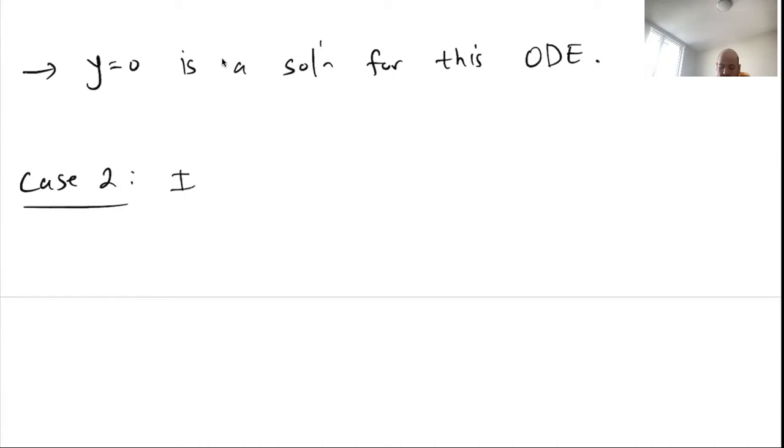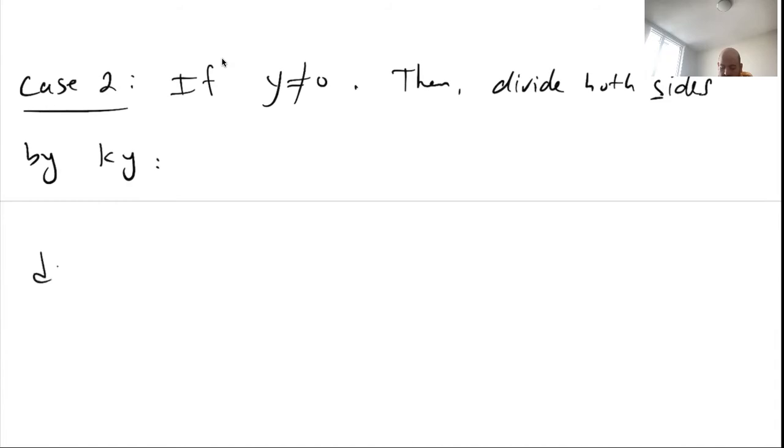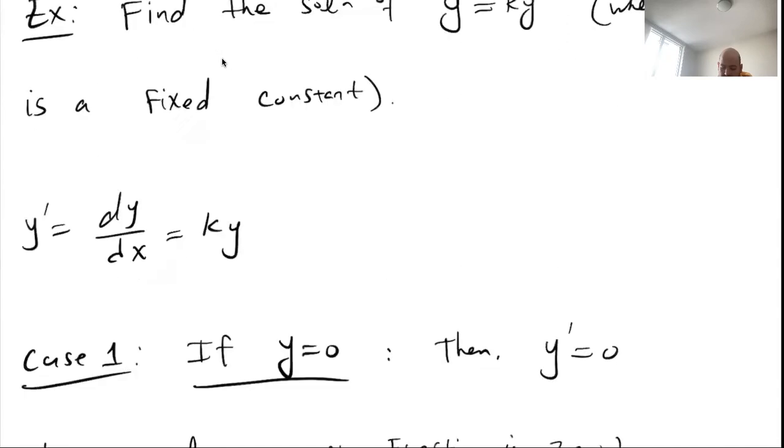Now, case 2, if y is not equal to 0, if y is not the constant function 0, then we can divide both sides by y. So then divide both sides, let's say by ky, then we get dy over ky equals dx.